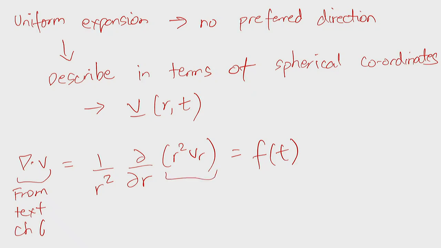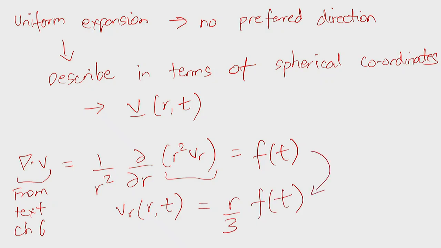And then when you do those steps, what you end up with is vr(r,t) is r over 3 f(t). So, expand and simplify.